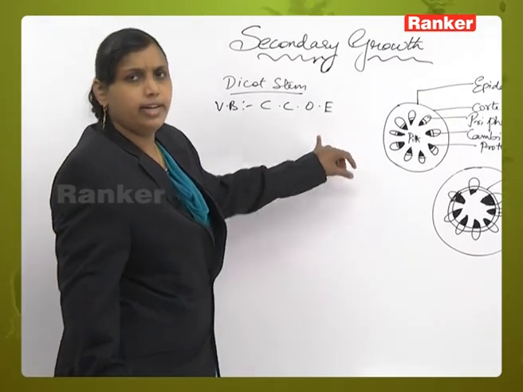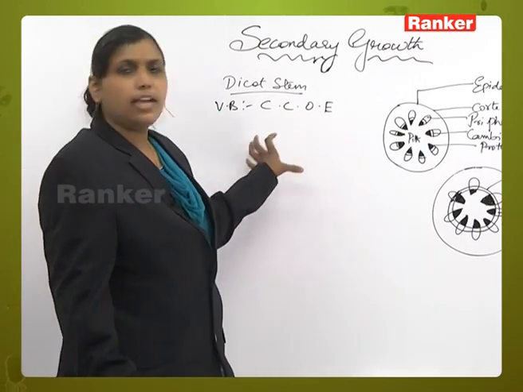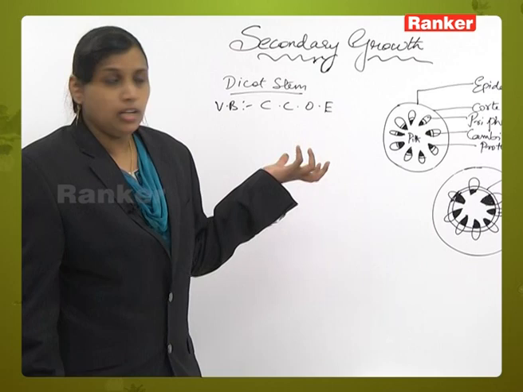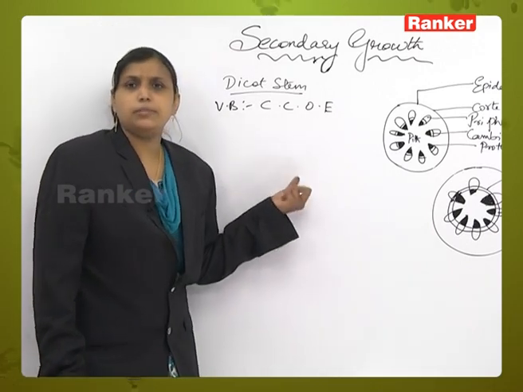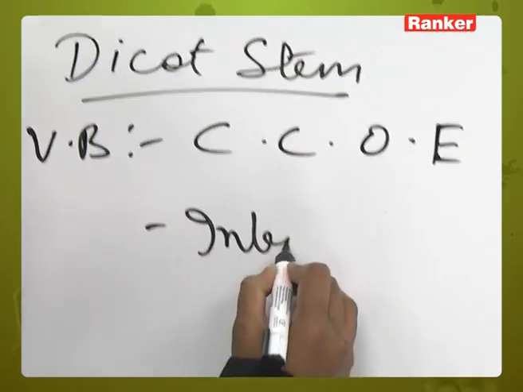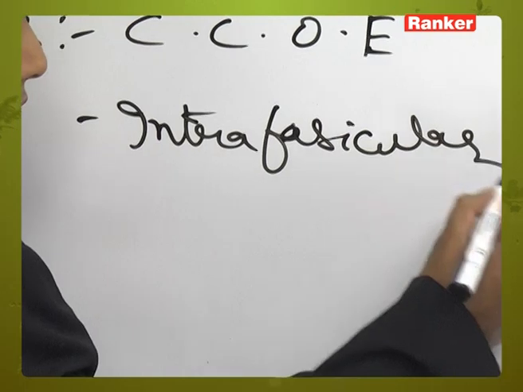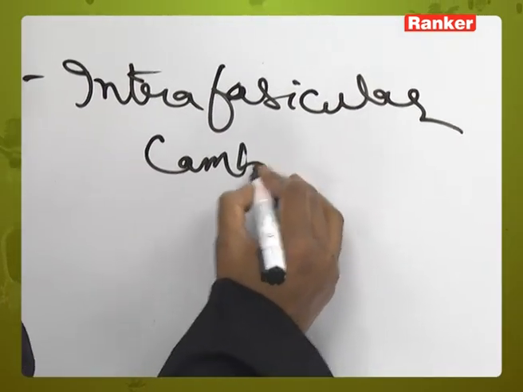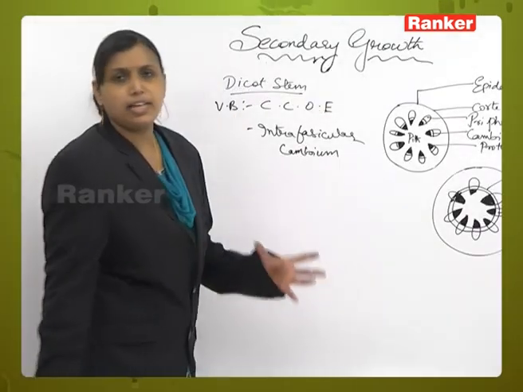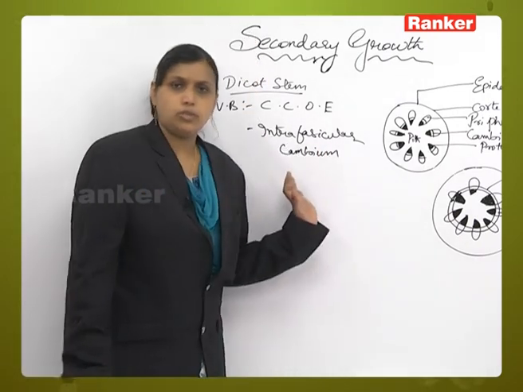Conjoint, collateral, open and endarch vascular bundles are present, and in between, the parenchyma cells present between the medullary rays are called intrafascicular cambium. You will see the presence of intrafascicular cambium.